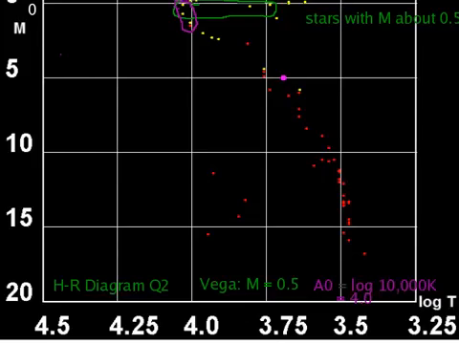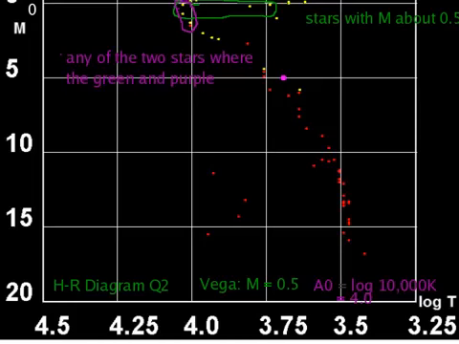Any of the 2 stars where the green and purple overlap could be Vega.